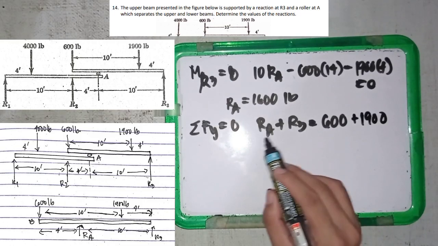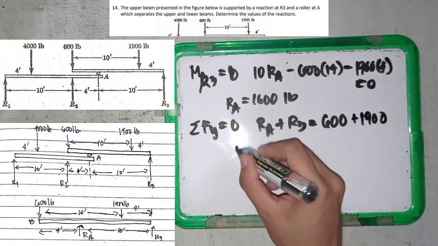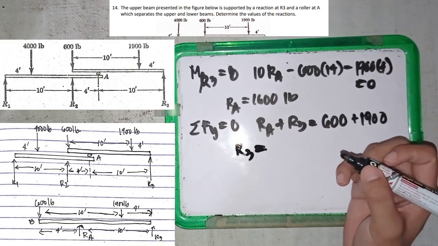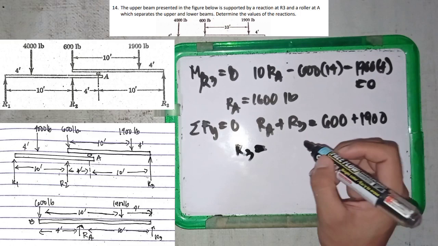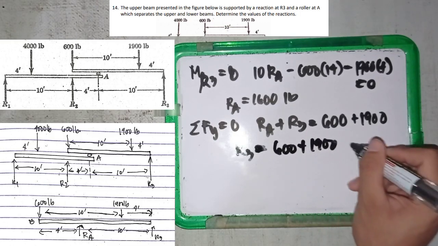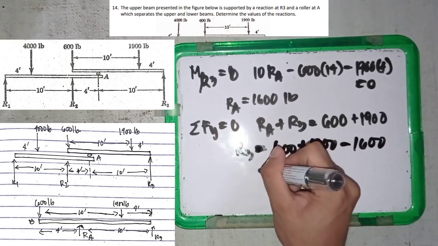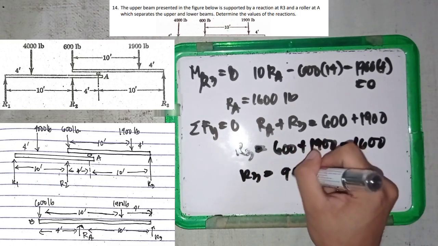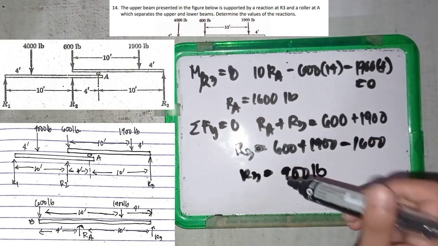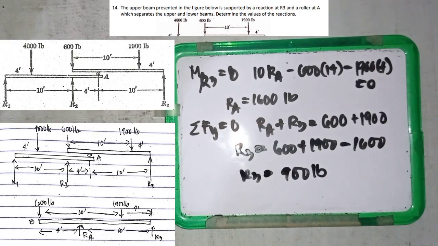So plug in RA. R3, the reaction force, is equal to 600 plus 1900 minus 1600. So our R3 here is 900 pounds. Okay, we got the two forces.